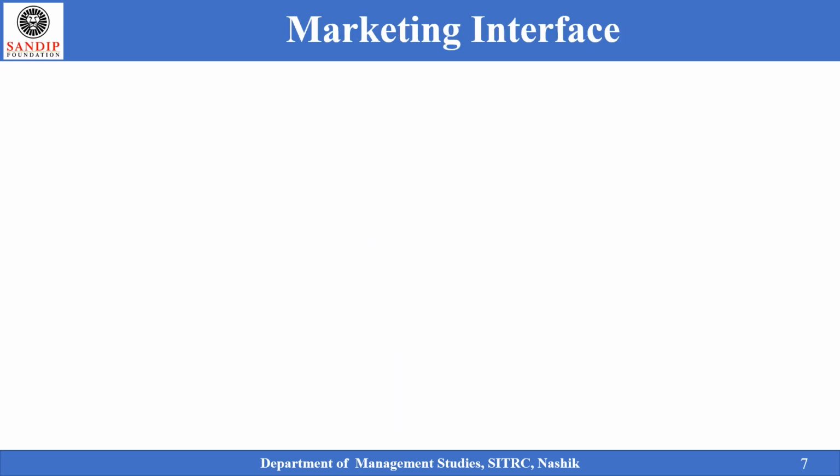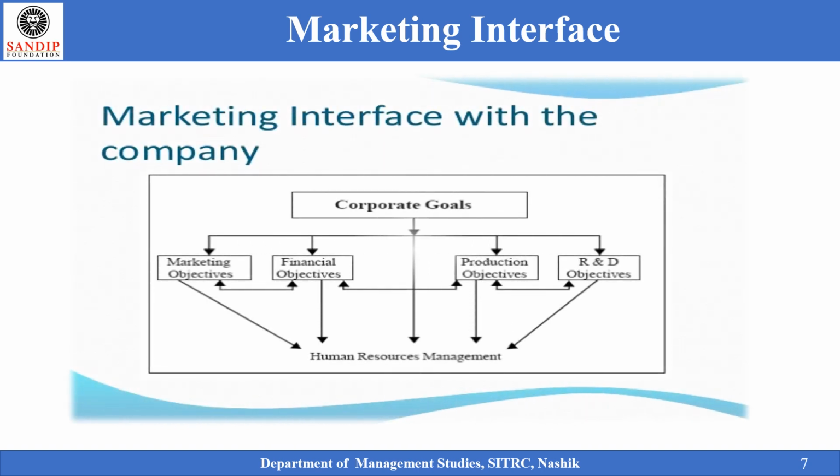We look at the third important role, which is marketing interface, wherein the company has its own corporate goals and objectives, which are very closely derived from the marketing objective. So you find the corporate goals and marketing objective, all the roles would be interrelated, but they would be majorly driven from, or extracted from, the marketing objectives of the company.